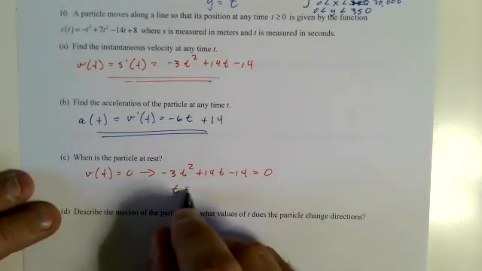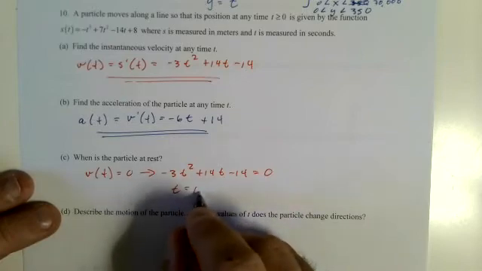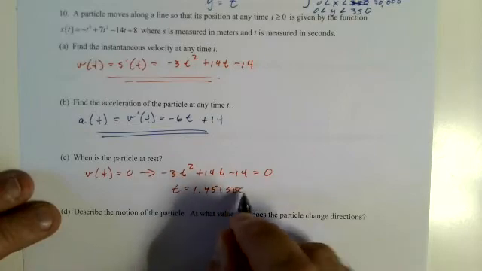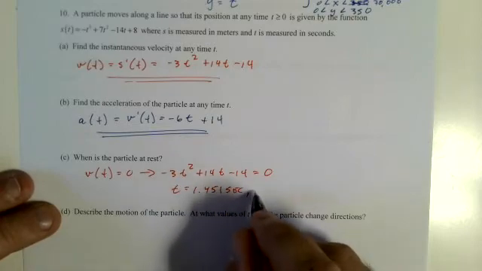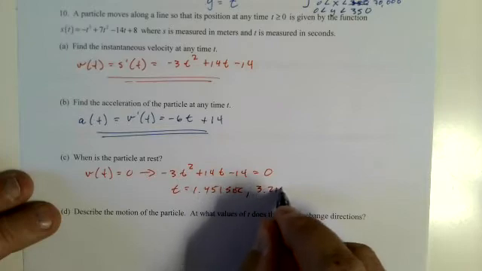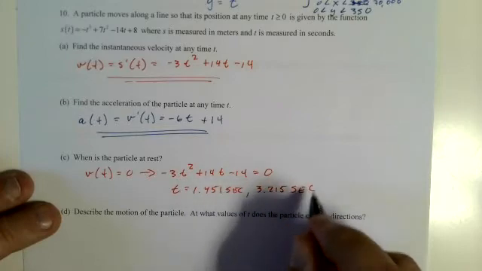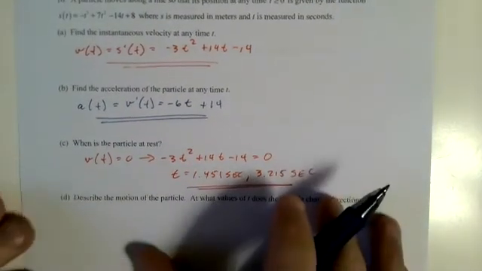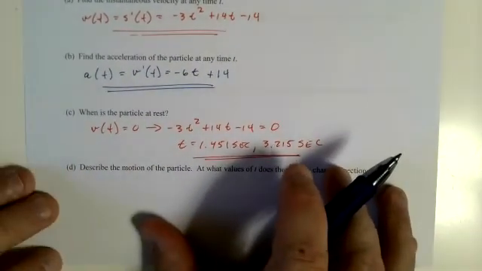And that occurs by quadratic equation. t equals 1.451 seconds and 3.215 seconds. Describe the motion of the particle.